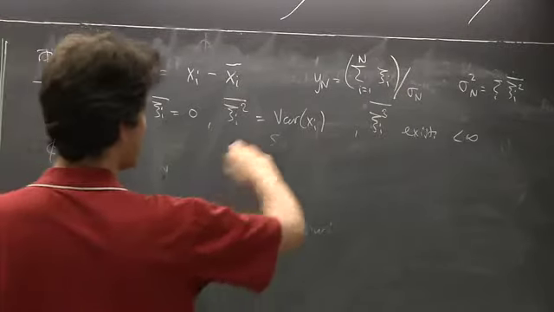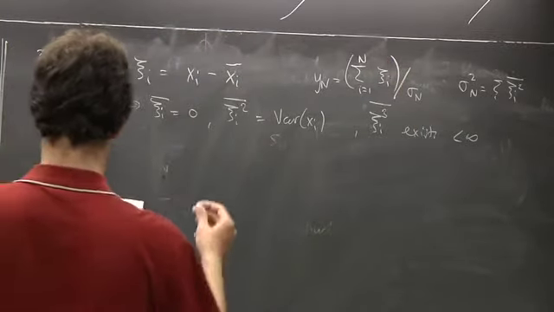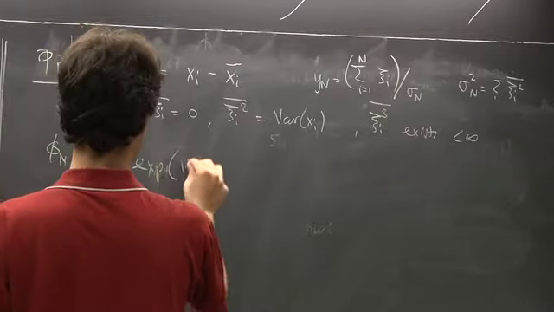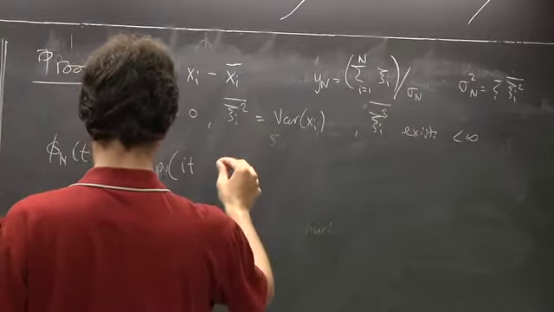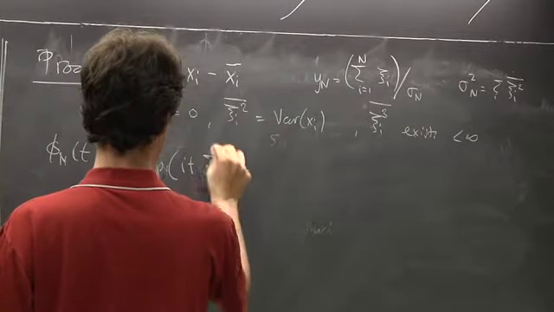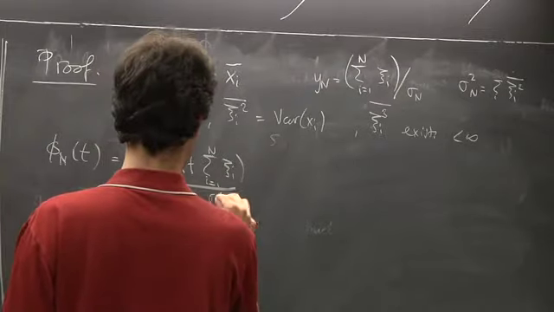So the characteristic function of this object is, by definition, the expectation value of exponent i t times the sum divided by sigma n, right?